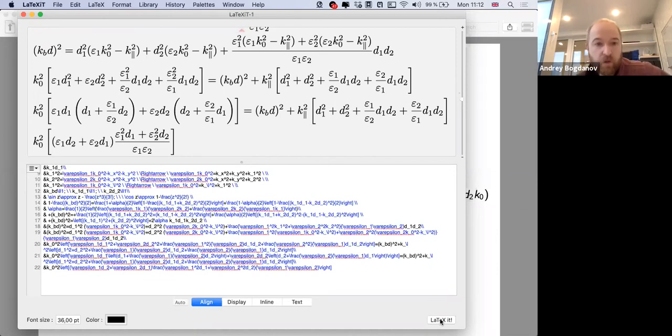And what should I write at the right part? Here we see something similar, and let me write d1 is a common factor for the first and third term.